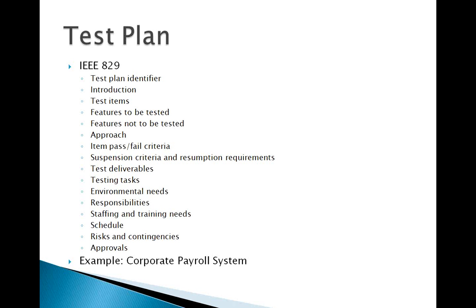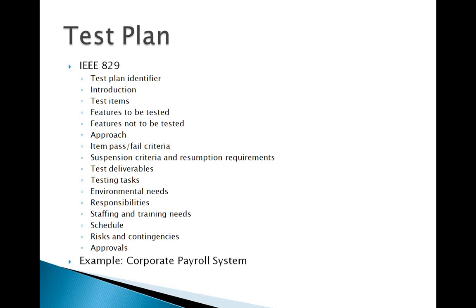Let us say in some organizations there is a format of having a review council or a review board where it is referred to, and they meet periodically to take up these unresolved issues. And similarly, suspension criteria and resumption requirements: under what condition the testing will suspend, and subsequently under what condition it will resume.